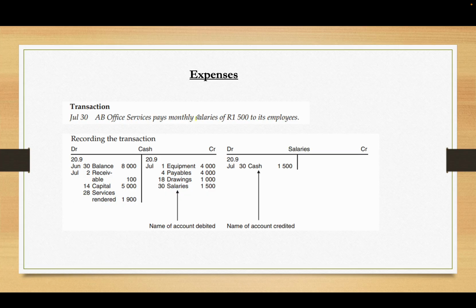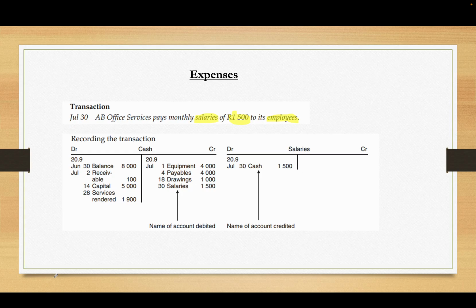You're paying people, so what's that? An expense. It's not a profit. It does not bring you any money. You're taking out money. You're using the money of the business to pay your employees.